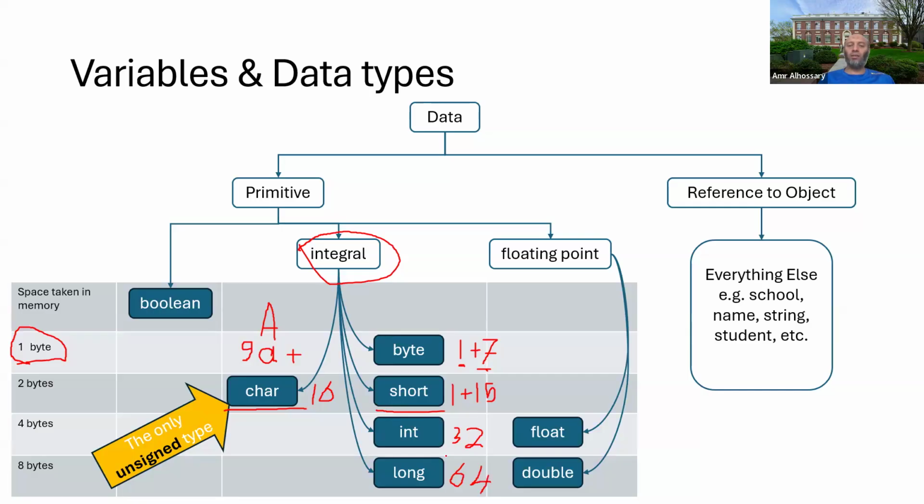The difference between int and float, and between long and double, is that these 64 or these 32 are dedicated for the values to the left of the decimal point, while for the case of float and double, it is more complicated. I'm going to describe how it looks right now, but it's a little more complicated. Okay, nice.